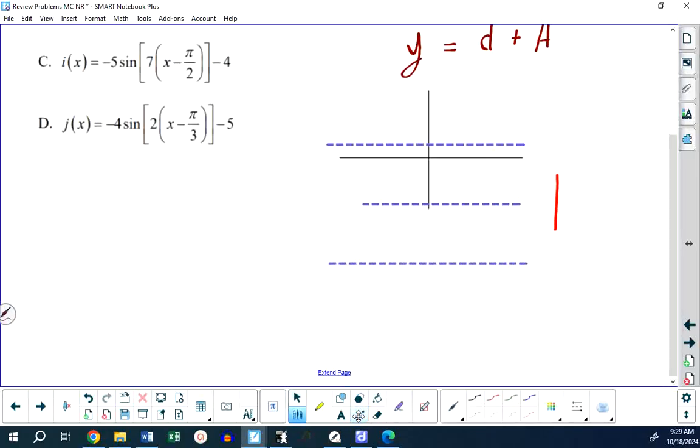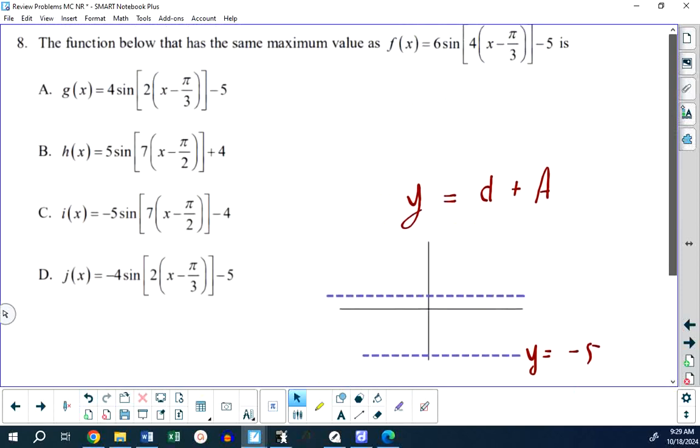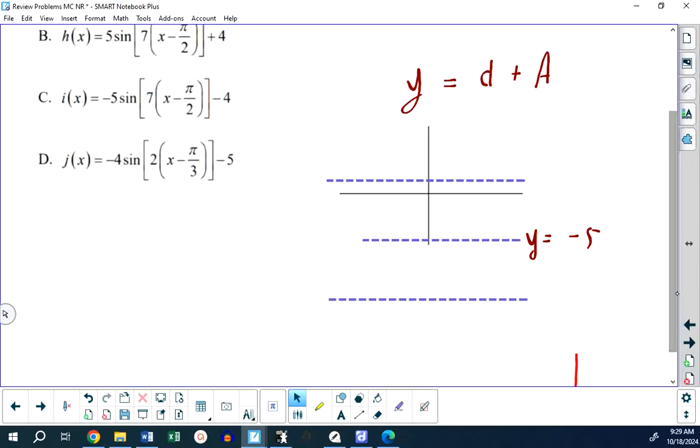So if this is d, this is y equals d, which is negative 5. Do you see, based on the equation up here in the question, the amplitude is 6? So that means that this will be at 1.